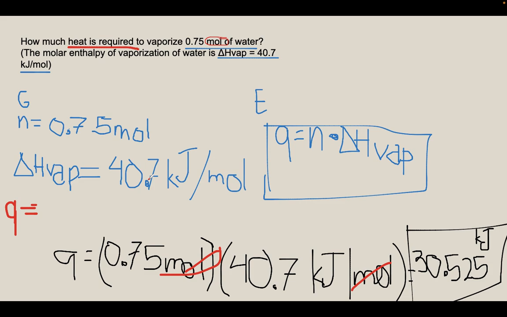So, natira is kJ. Double check sa calcu: 0.75 times 40.7 equals 30.525. Okay, that's the same thing. Natira si kJ kasi we cancelled mole.